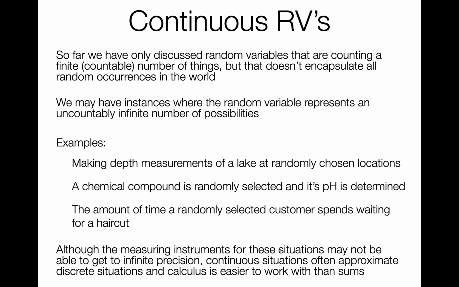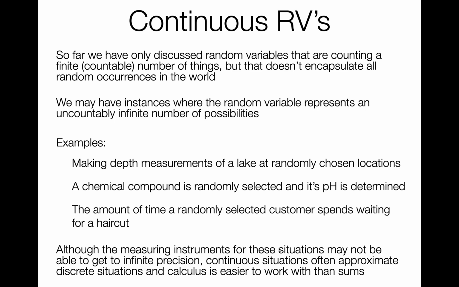Similarly with the pH level and the amount of time. Usually I'm going to tell you maybe 10 minutes or 10 minutes and 52 seconds, but I'm not going to go down to an infinite level of time precision, because none of the things that we have to measure time, pH level, or depth can do that.